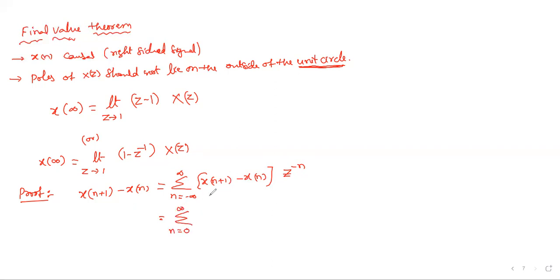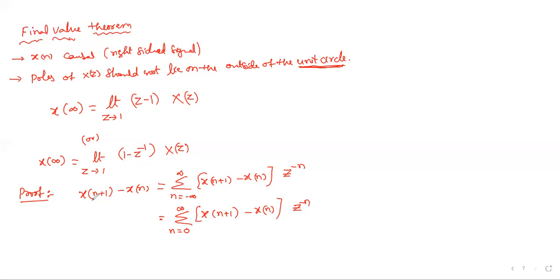One thing you remember: whenever you are applying the initial value theorem or final value theorem, x of n should be causal. That means it should be a right-sided signal. So n equal to 0 to infinity, and you will get x of n plus 1 minus x of n, whole into z power minus n.